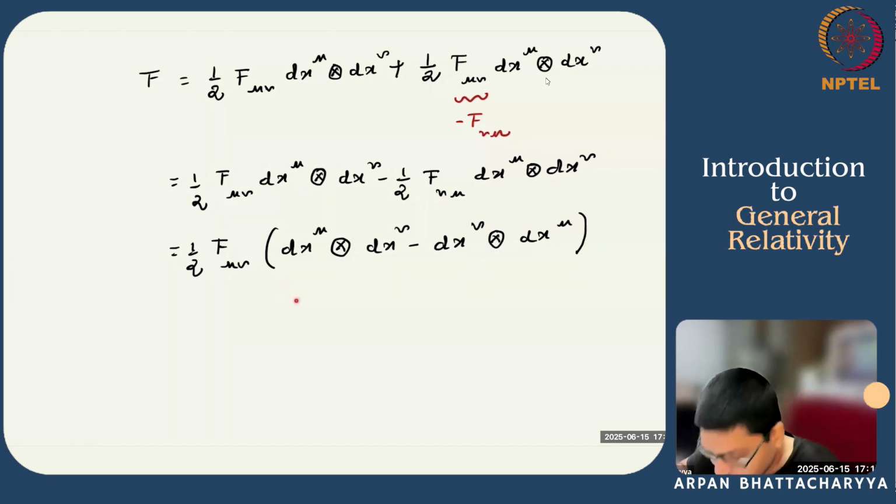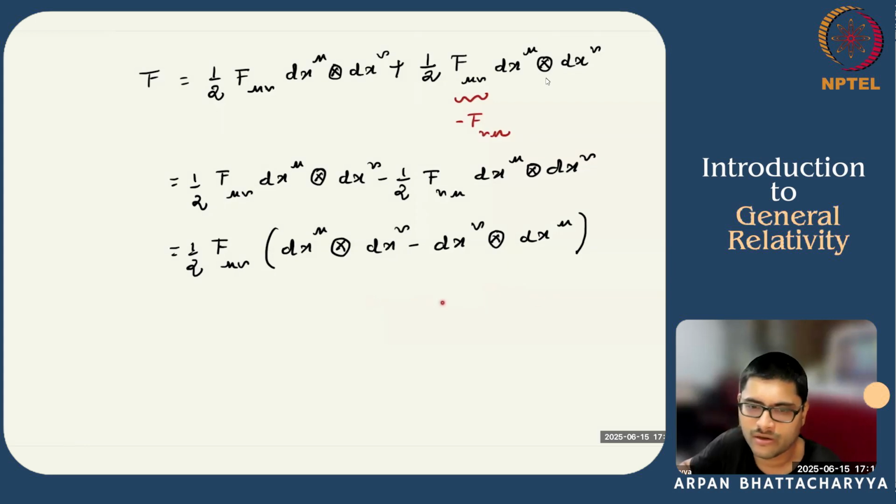Now this antisymmetric combination of these two coordinate differential forms is a basis for this antisymmetric tensor.